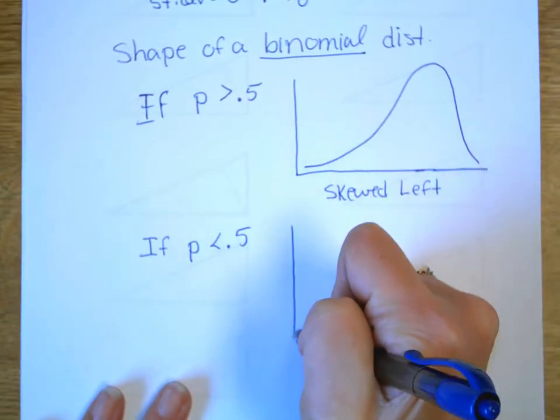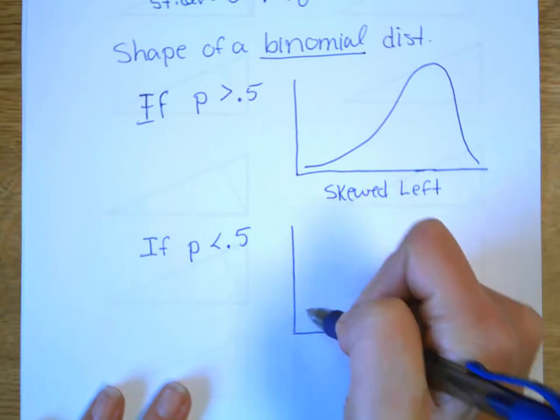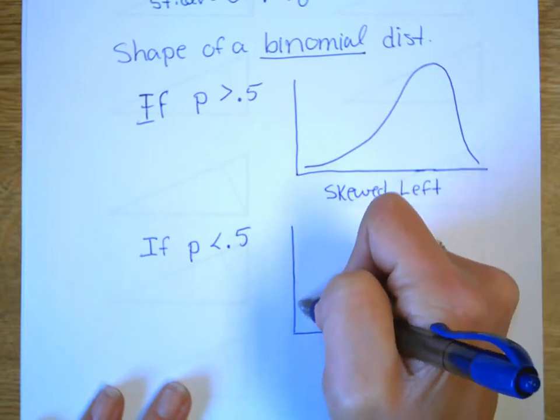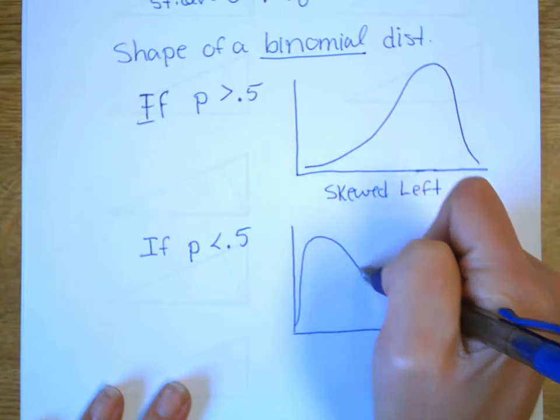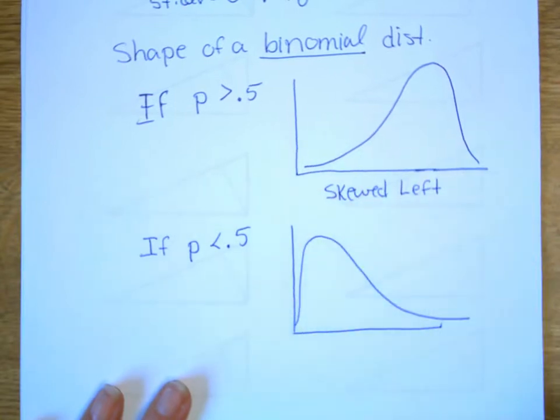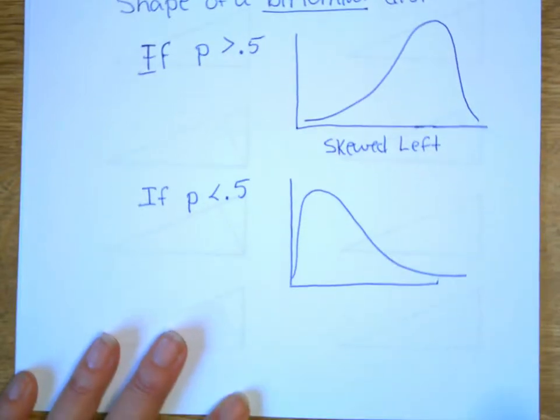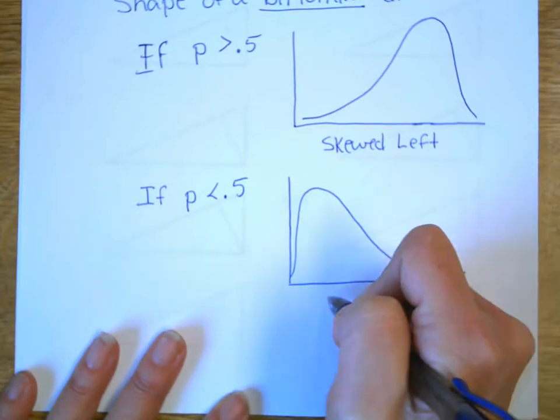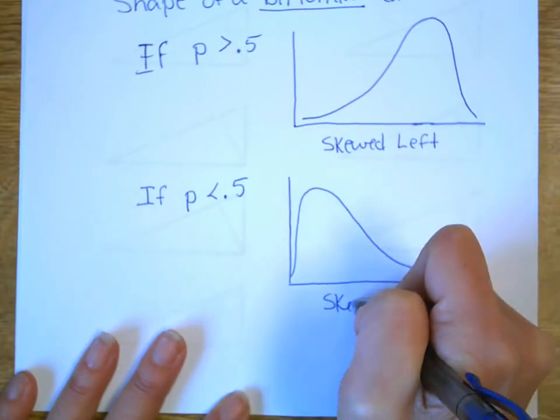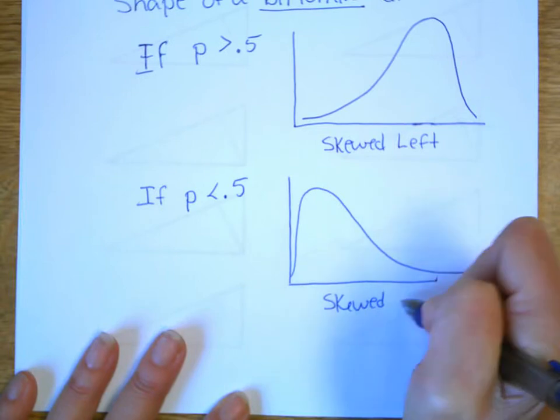So we expect the taller bars to be back here at the beginning of the axis, more successes here than out here. And we call that shape skewed right.